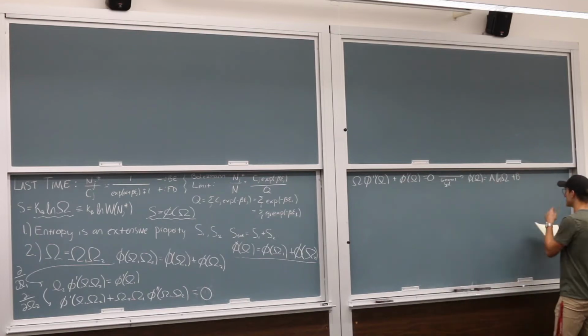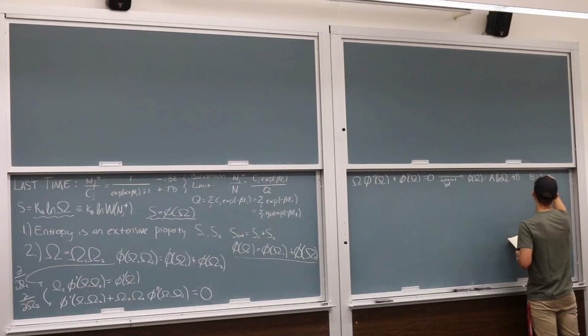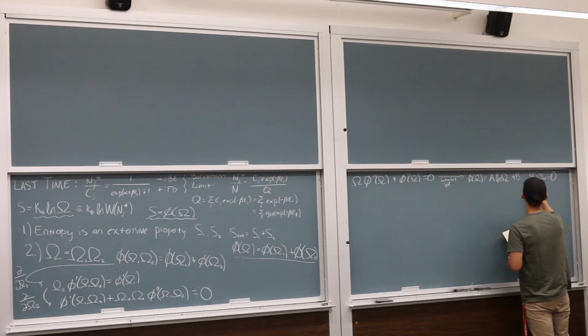And b is just a constant. You just call it b, like S naught. In most formulations, we just choose to set this to 0. It's like a datum. And then a, as you would have guessed, is the Boltzmann constant.